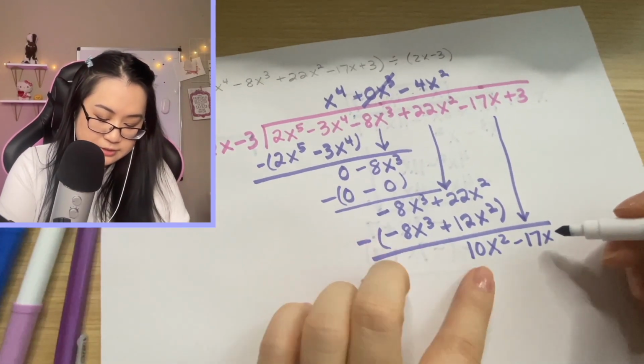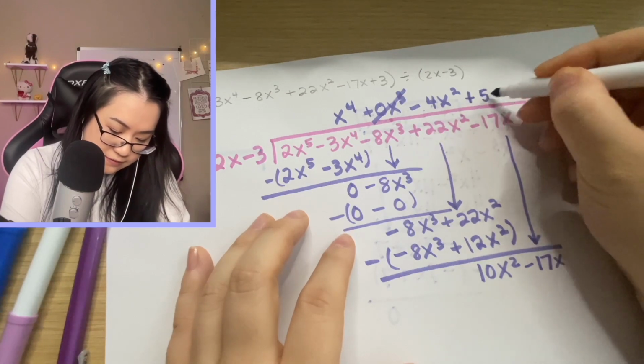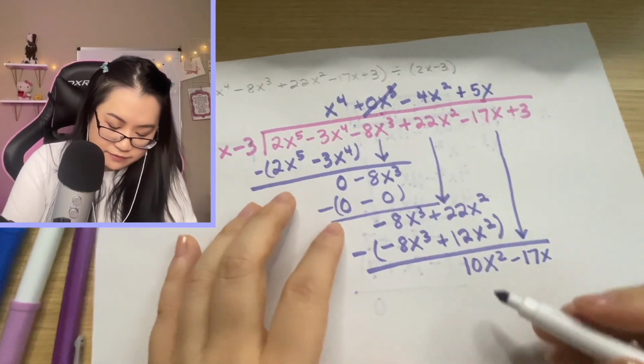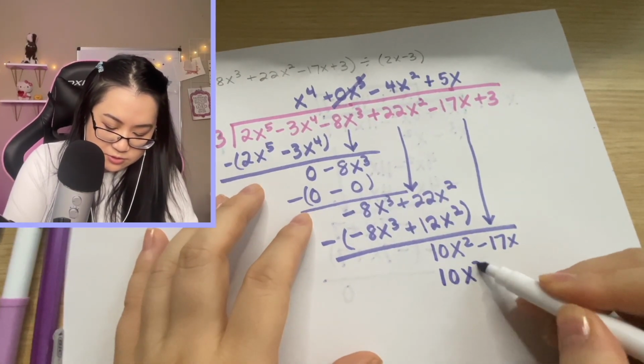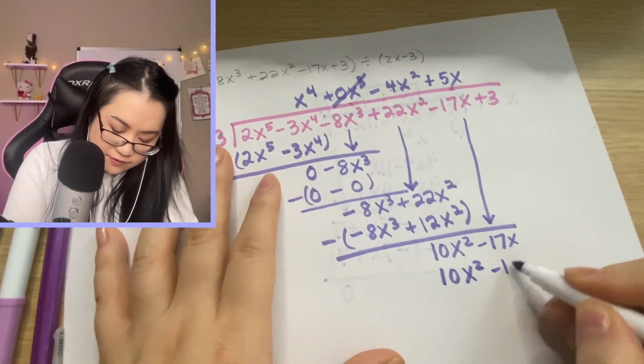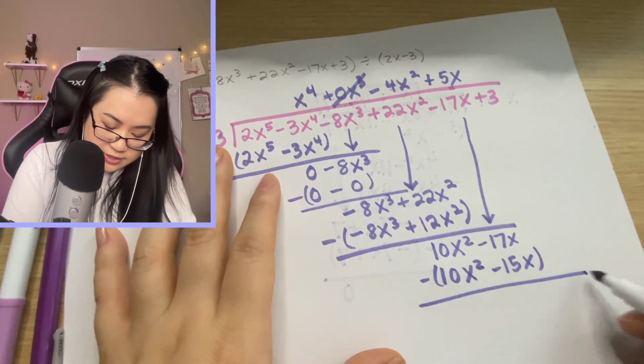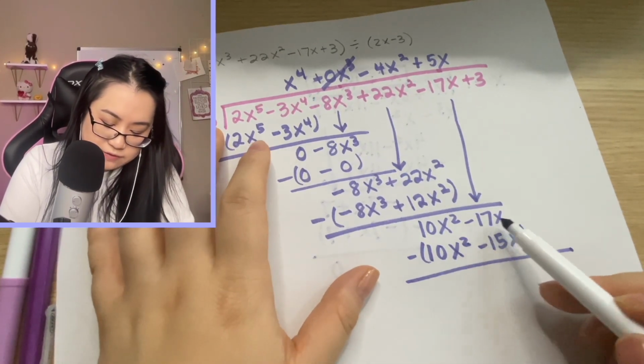So 2x into 10x squared is plus 5x. So we have 10x squared. 5x times negative 3 is negative 15x. Subtract. Very nice. Negative 17x.